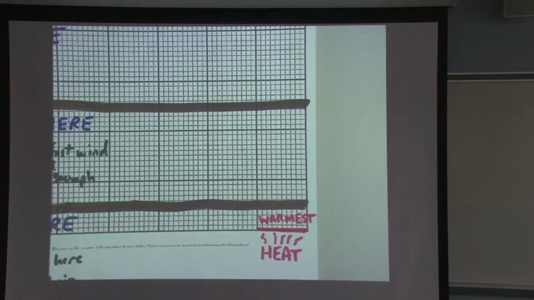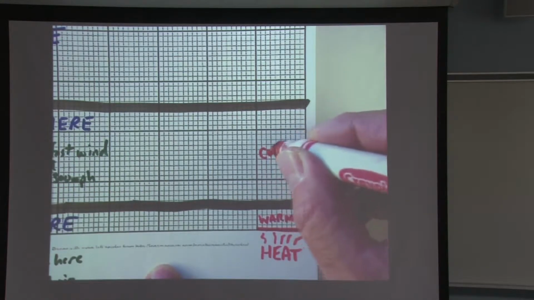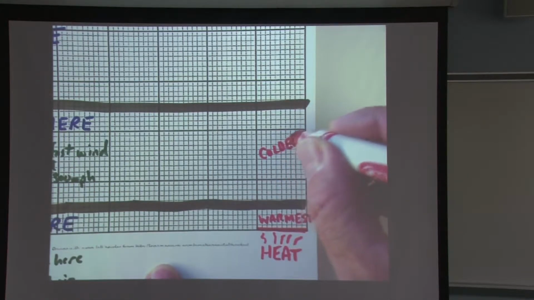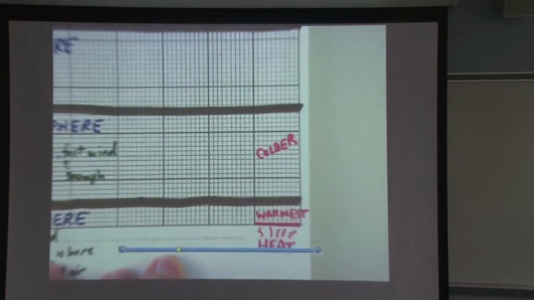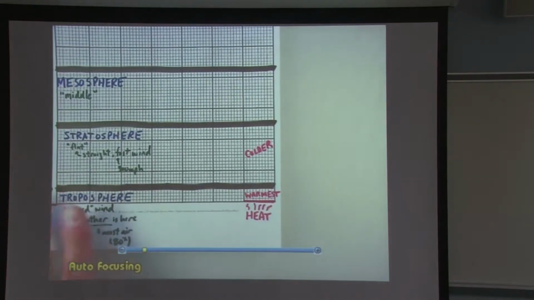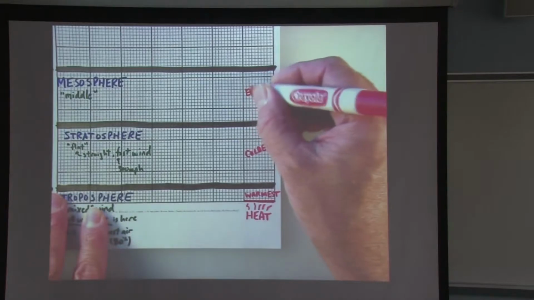We're talking about the physical property of temperature. Once you leave that heat source, it's only going to get colder. So the stratosphere, that's colder. As we go to the mesosphere, it's even colder.